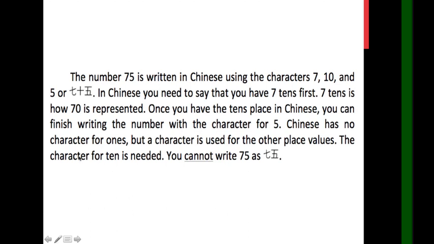Chinese has no character for ones, but a character is used for the other place values. The character for 10 is needed. You cannot write 75 as 7 and 5. Usually, you should put the tens or whatever its place value is, halimbawa tens, hundreds. For sure, after the number 7 in Chinese, meron siyang tens na symbol.